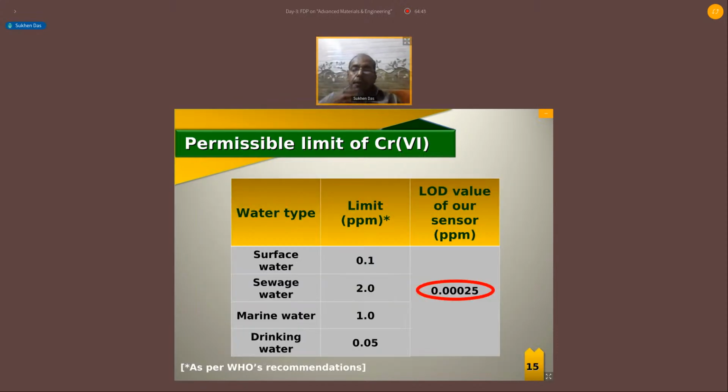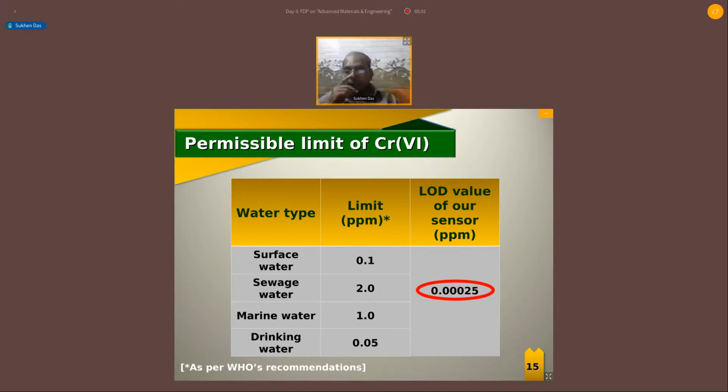From this we have calculated, and we have seen that we can easily calculate 0.00025 ppm order chromium in a solution.